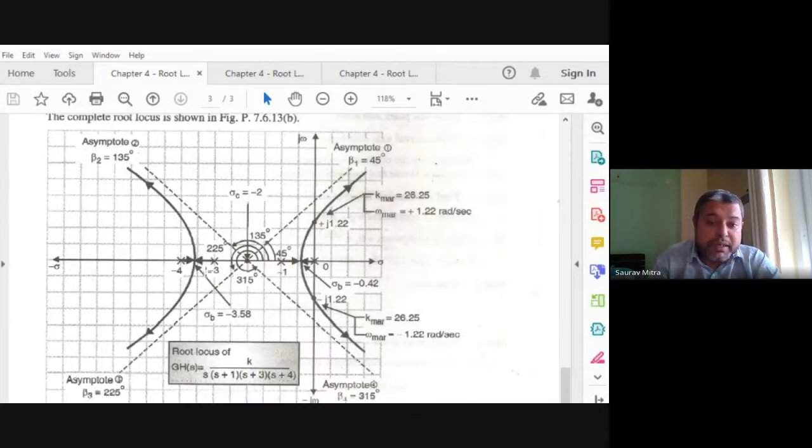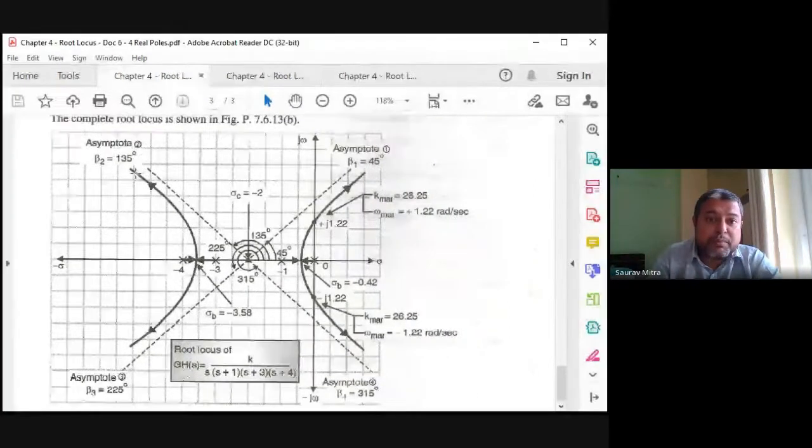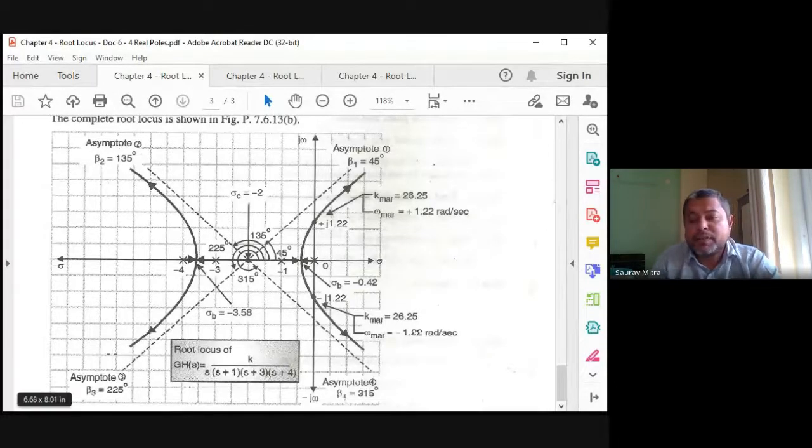So whether -3 is going like this and going upward, or -3 is going like this and coming downward, or -4 is coming here and going upward, or -4 is coming here and coming downward, we don't know. But at least you can say that the root locus will look like this. So what are the two breakaway points? One is -0.42, another is -3.58. These are the breakaway points.